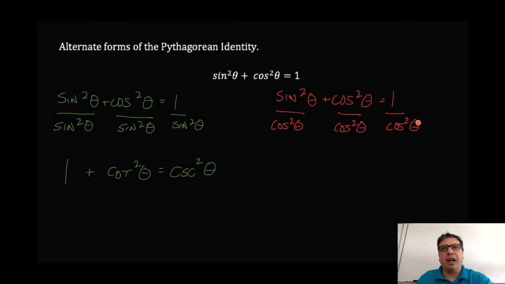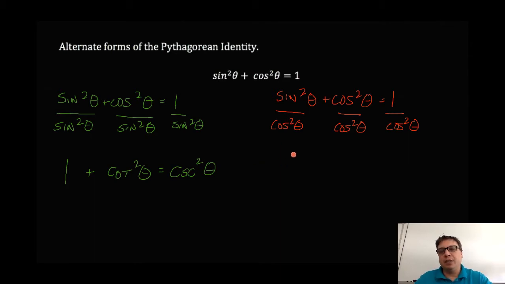And again, remember that an identity just means that it is always true, no matter what value. So in other words, when I'm talking about this Pythagorean identity, no matter what value I put in for theta, whether it be in degrees, whether it be in radians, no matter what I put in there, it's going to equal 1. And that's the same thing with down here. No matter what these values are for theta, these things are always going to be true.